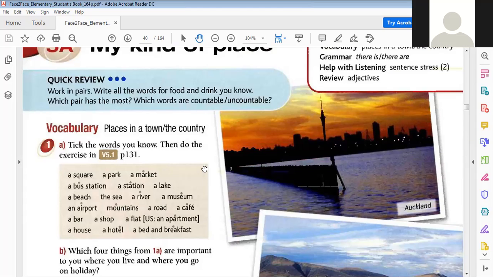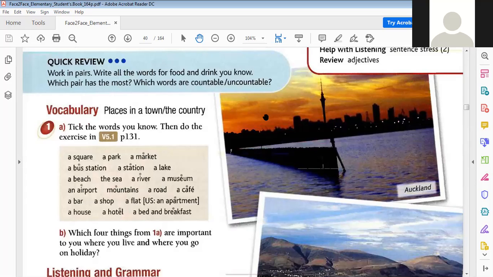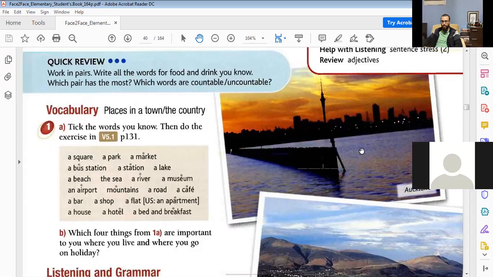What about Media? Why would you like to visit Auckland? What do you like about big cities like Auckland and Media?